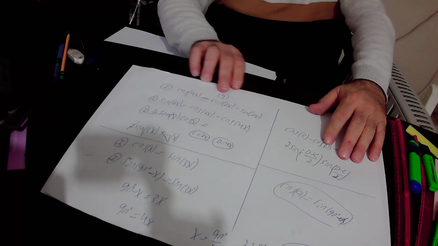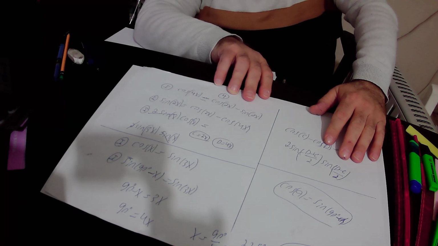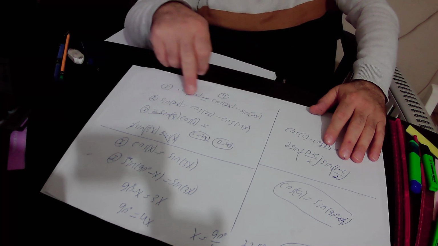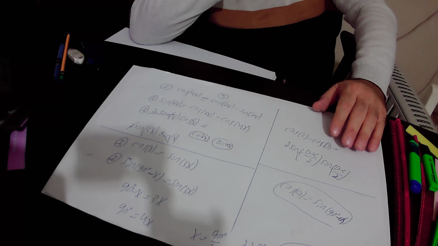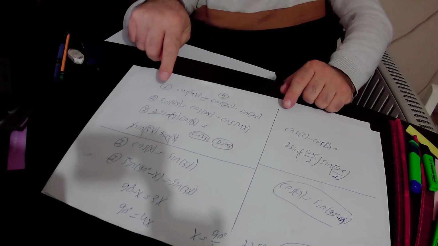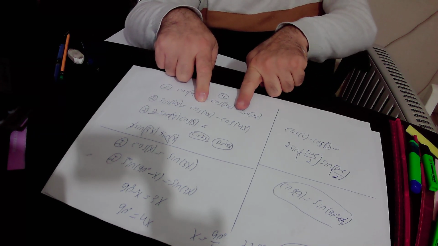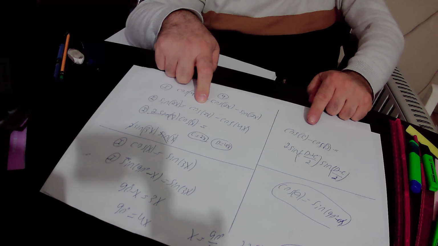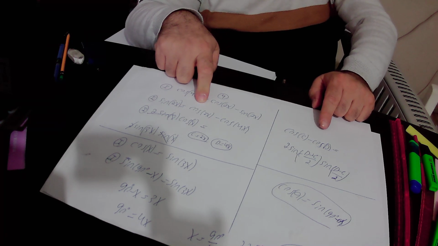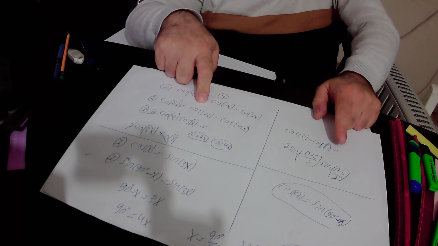And we got that cosine 4x equals cosine 2x minus sine 2x. We added sine 2x to this equation number 1, and we got that sine 2x equals cosine 2x minus cosine 4x. Here we know that sine 2x equals 2 sine x cosine x, and for cosine 2x minus cosine 4x, we found the value of this expression according to the trigonometric identity that states that cosine C minus cosine D equals 2 sine D plus C over 2 times sine D minus C over 2.